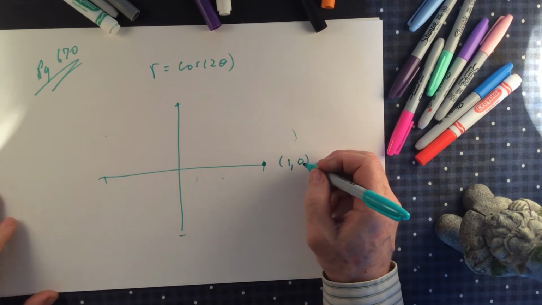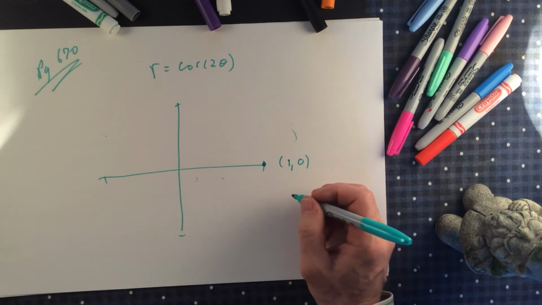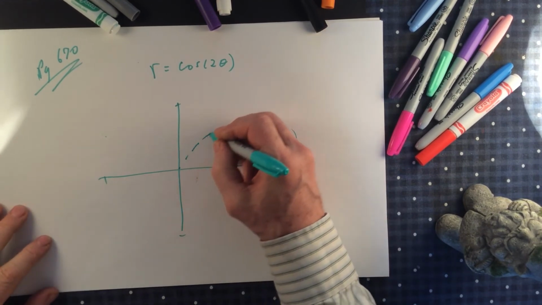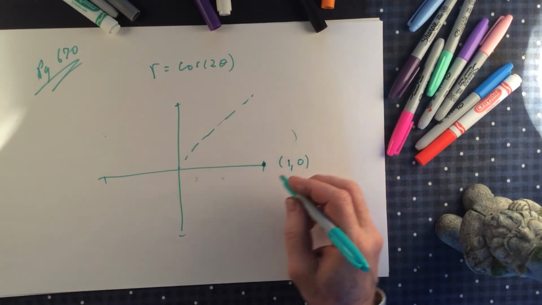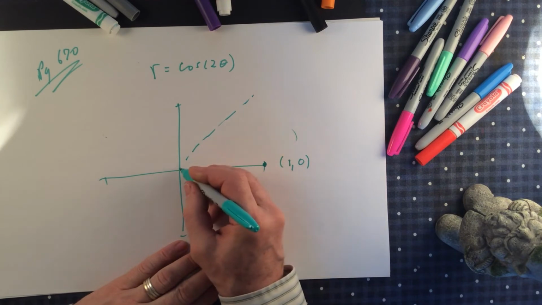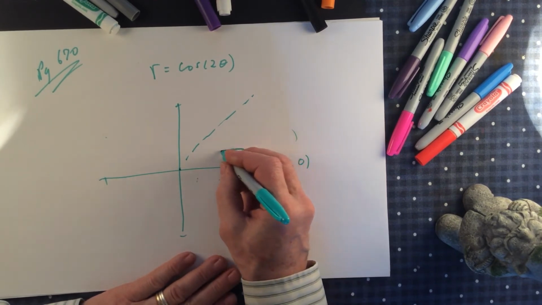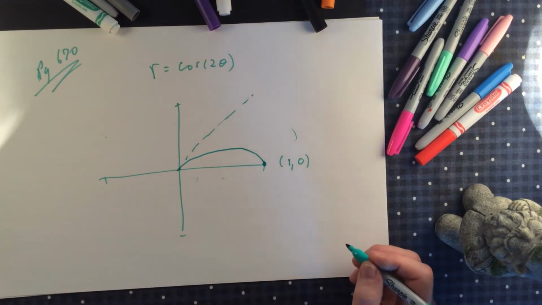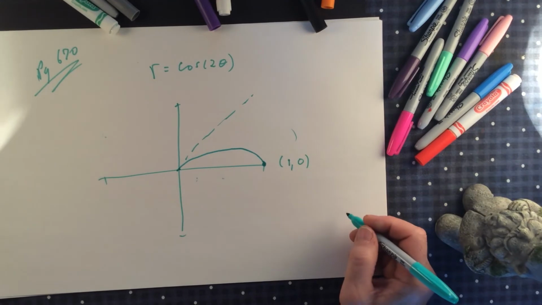Now, let's move up to a slightly larger angle, say pi fourths. 2 times pi fourths is pi halves, cosine of pi halves is 0. So as I move this way, I've already come back to this point. It turns out this is what happens in this loop from 0 to pi fourths.